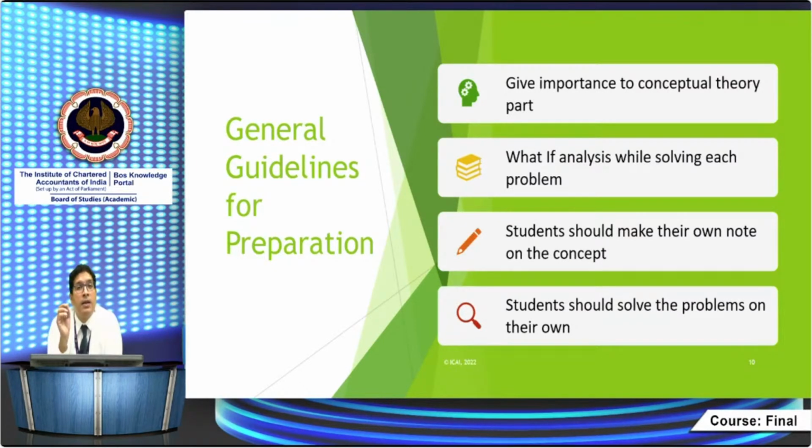Nowadays, they have also started to solve on a tablet. I clearly say it is very necessary to solve questions independently in your notebook. Strictly avoid tablets or auditing of the questions, simply auditing of figures.